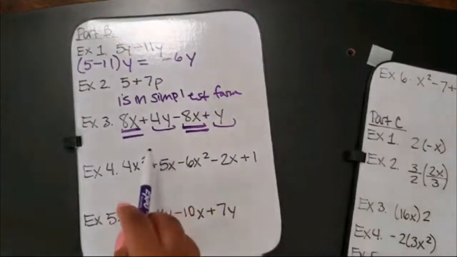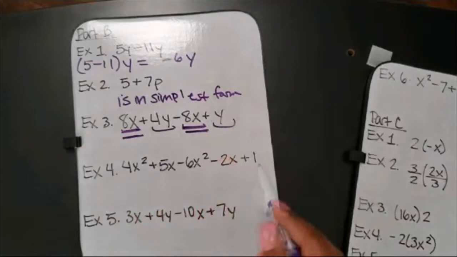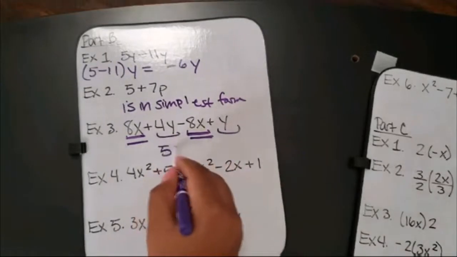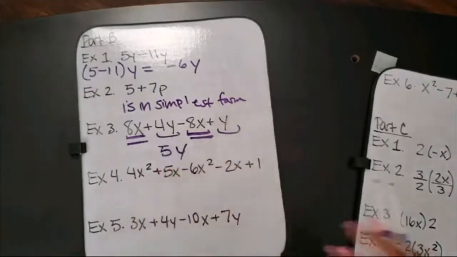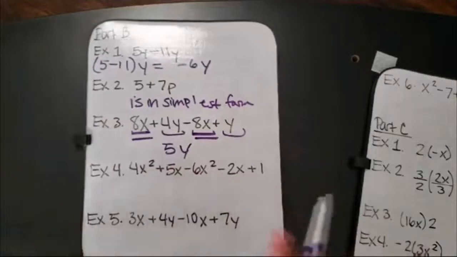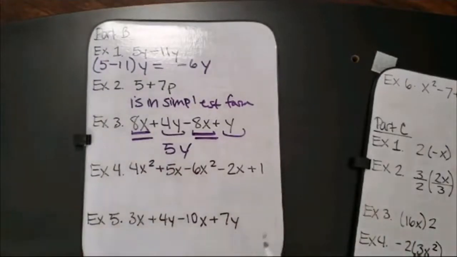So this is technically 4y plus 1y, which is 5y, all right? So when we have just x or just y, it's a 1 in front of it. It's only one of them. And we don't write the 1 in front of it because it's understood, okay? So that's the answer to number 3.